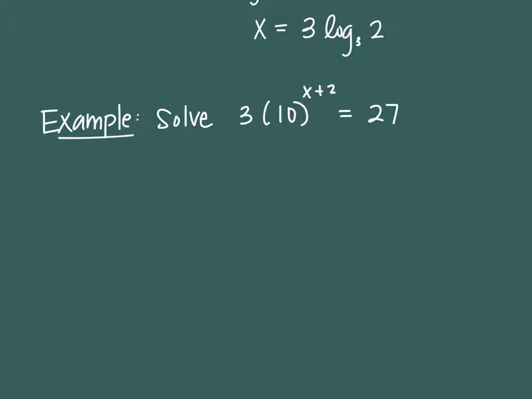Okay, I'm trying to get x by itself. All right, James, give me a first step. Okay, divide both sides by 3. That gives me 10 to the x plus 2 equals 9. So I just got rid of the 3. Jacob, what do I want to get rid of next?